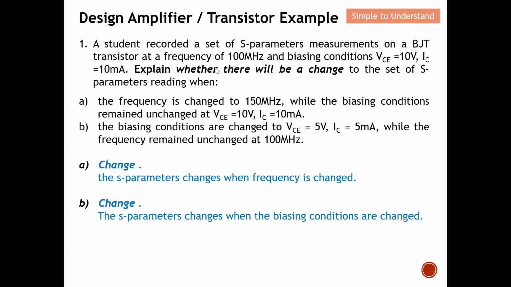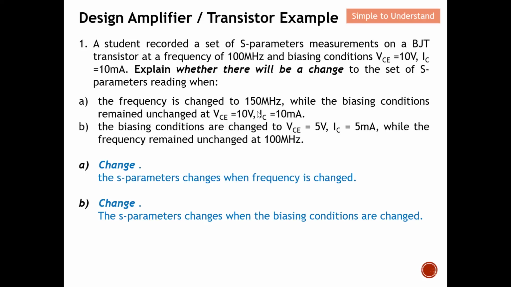Explain whether there will be a change to the set of S parameters reading when the frequency changes. Earlier on it was 100 megahertz. When we change the frequency from 100 megahertz to 150 megahertz, will there be any change of S parameters while we keep the biasing condition the same, which is shown over here?